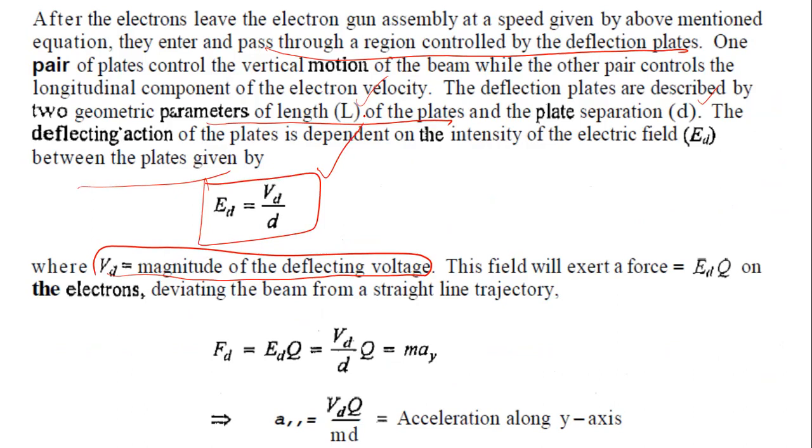I hope you are familiar with this electric field and potential relation. Electric field is simply potential difference upon the distance between the 2 points where you measure the potential difference. So that gives you the electric field between the two plates. So ED will be equal to VD upon D.